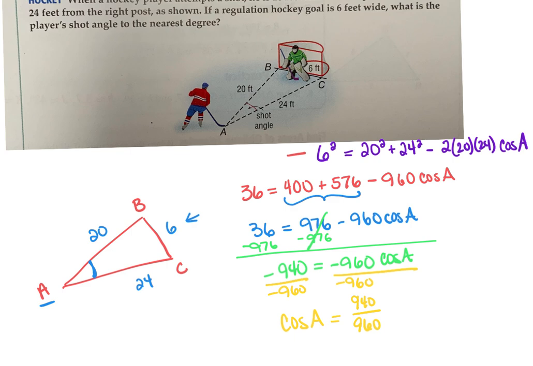Yes, on your calculator you're using arc cosine or inverse cosine, correct? So to find the actual angle, I'm going to use inverse cosine of 940 divided by 960 in my calculator. Make sure you are in degrees, not radians. When you do that, you should get approximately 11.7 degrees.